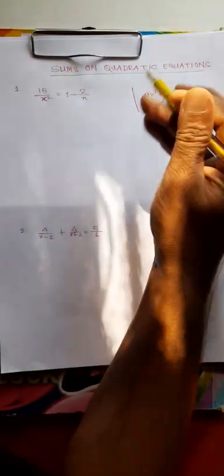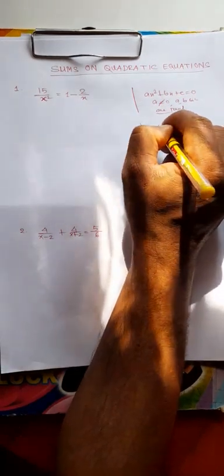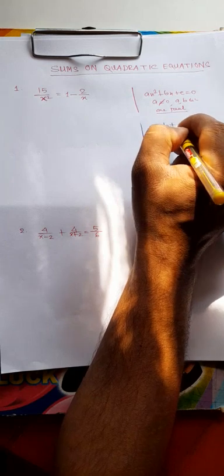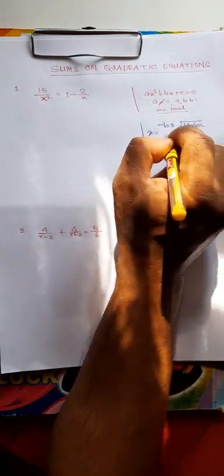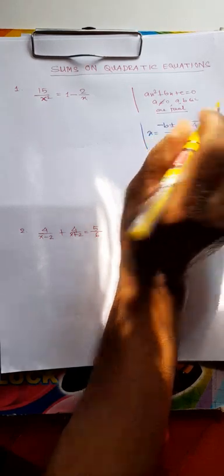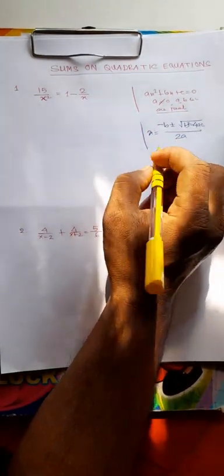Now we have also discussed the solution of this equation. You will find that x equal to minus b plus minus root over b square minus 4ac divided by twice a. So this is how we can find the roots of the quadratic equation.